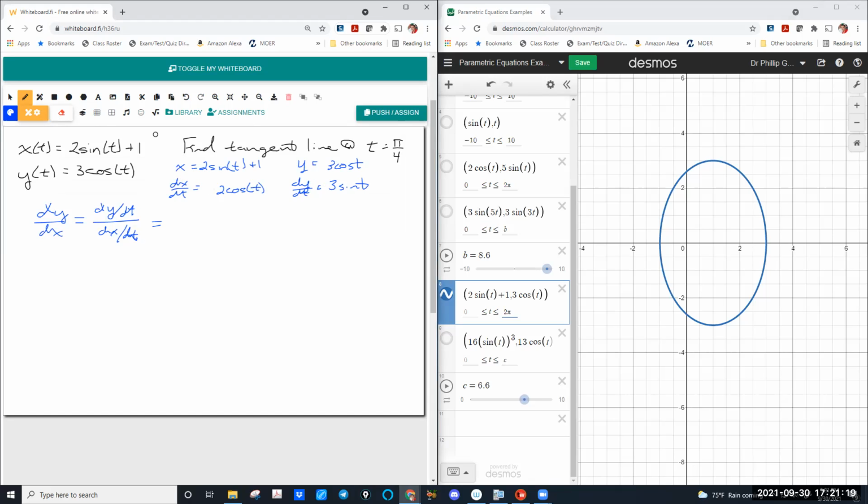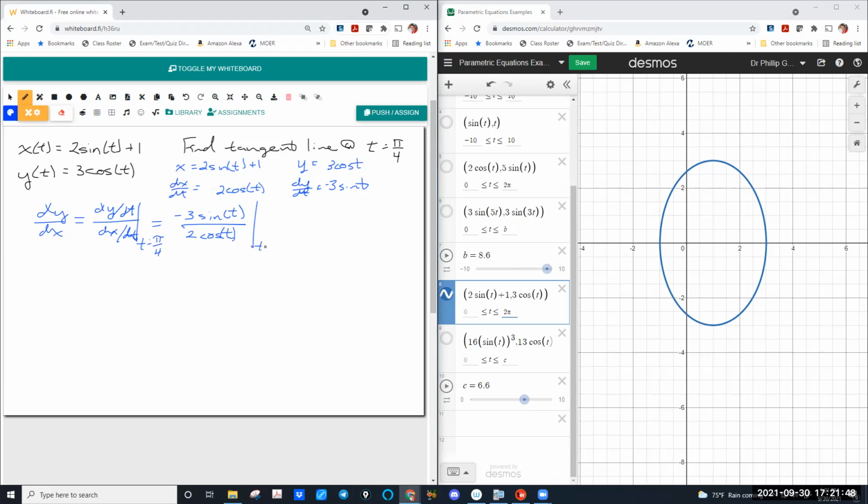So first off, let's get our derivatives correct. I have it written right here. dy/dt goes on top. Minus 3 sine of t over 2 cosine of t. This can be simplified, but you don't have to. We're doing this at t equals pi over 4.